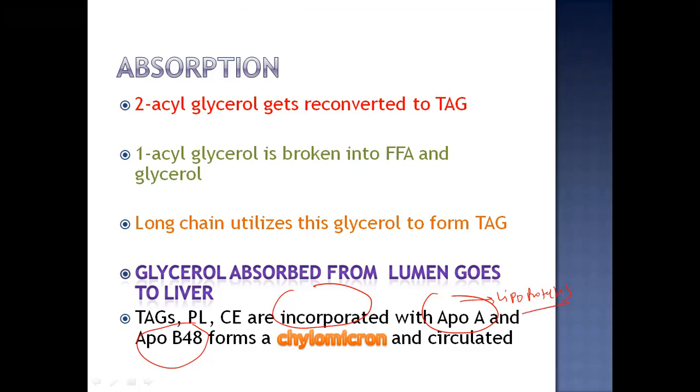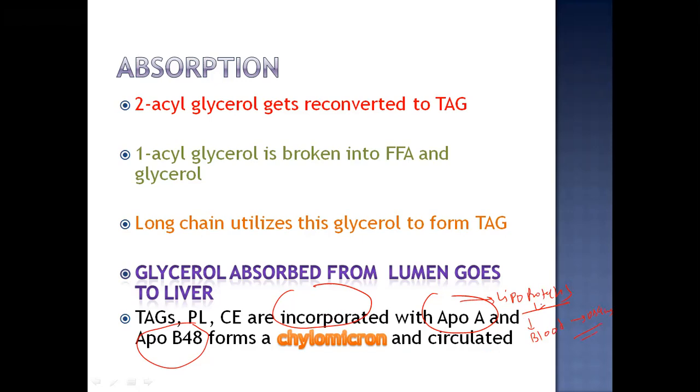As we know, lipids cannot be transported on their own; they require conjugation with protein to get transported in blood to various organs.